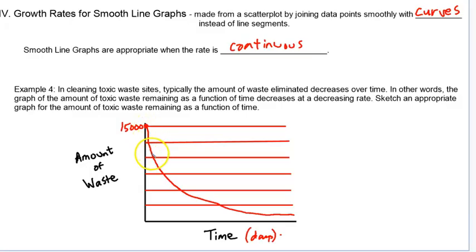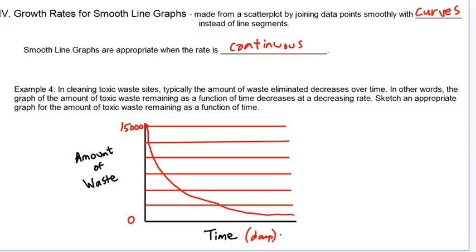It starts off pretty fast because we've got more of it, but as we remove more, there's less of it remaining, and so we are removing fewer tons of waste as the days get bigger, and then eventually, if we do the job correctly, we're going to get to zero. But that's an example of a smooth line graph. It's always either decreasing or increasing, typically, and those are used most often to describe these kinds of scenarios.